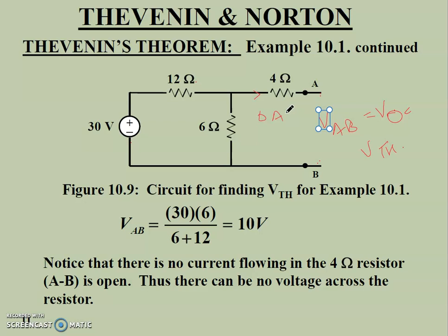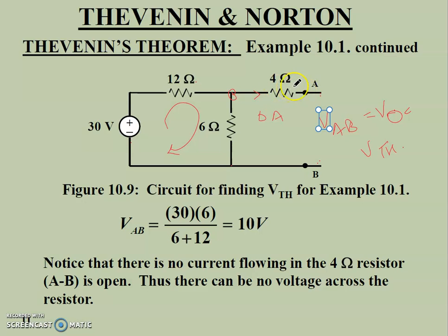So here we can apply mesh analysis and measure the current flowing through this 6 ohm resistance. If 0 ampere current is flowing through this point, then the voltage across these two points will be the voltage across AB, meaning VTH, because there is no voltage drop across the 4 ohm resistor.